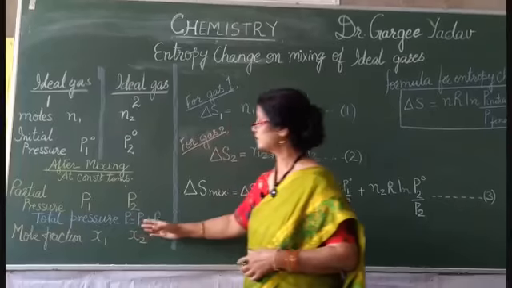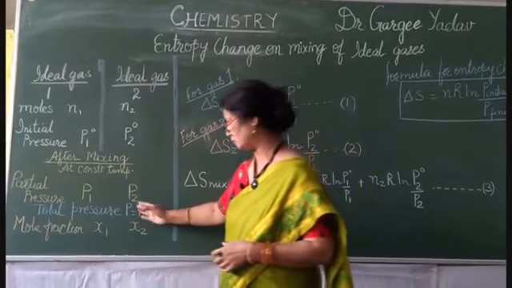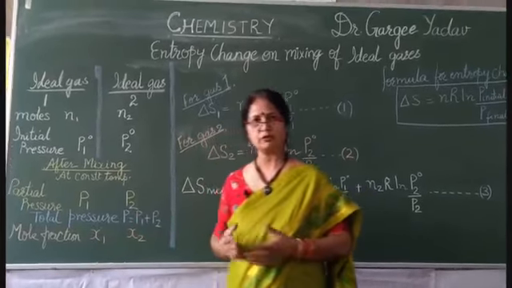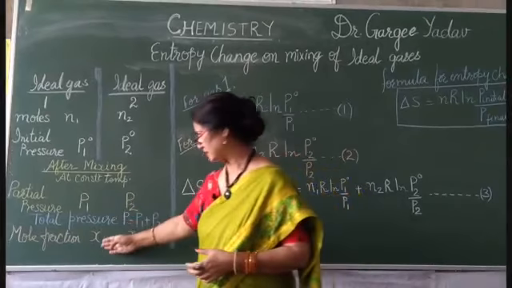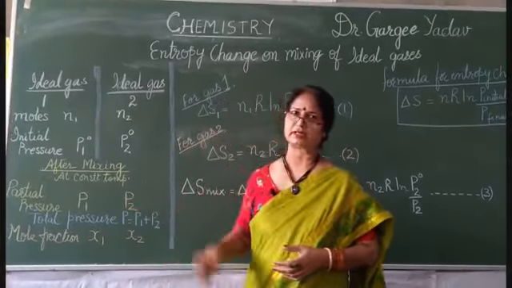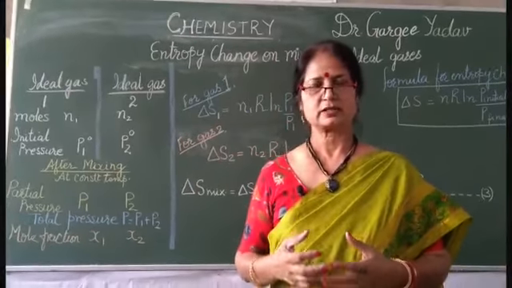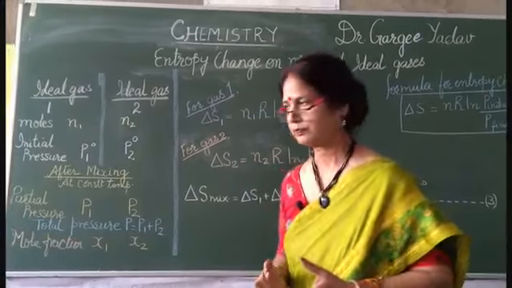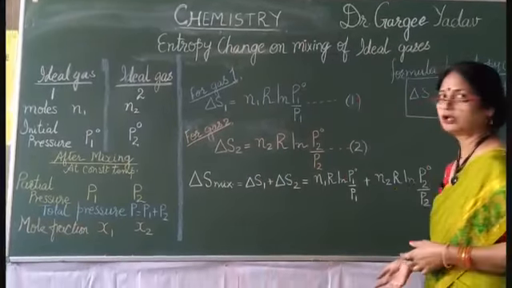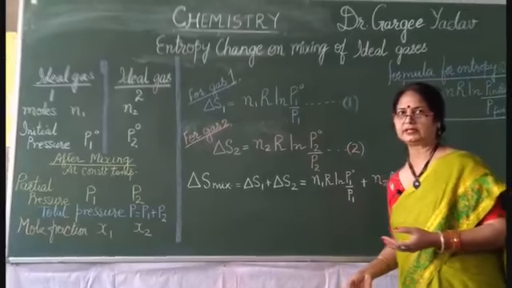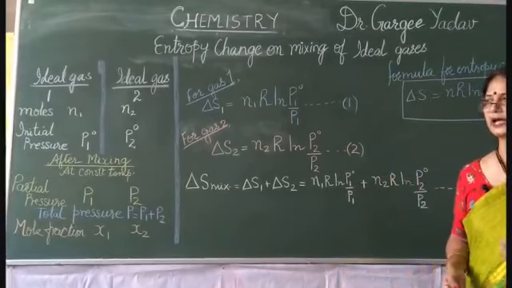So the total pressure, let it be P, and let the mole fractions be X1 for ideal gas number 1 after mixing and X2 for ideal gas number 2 after mixing.